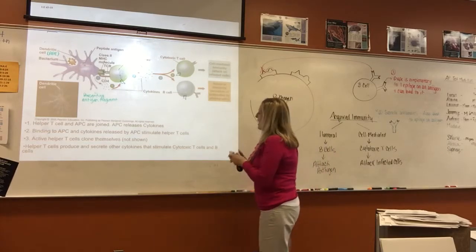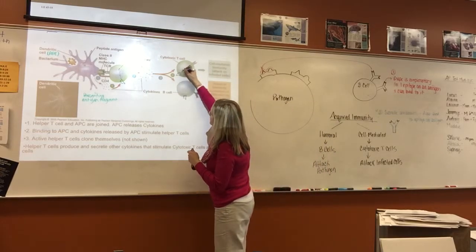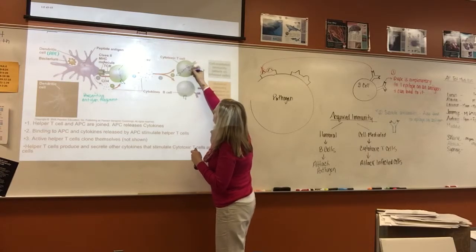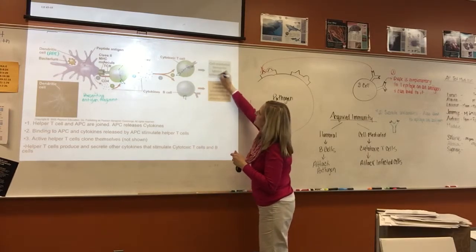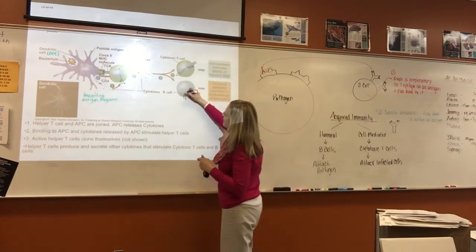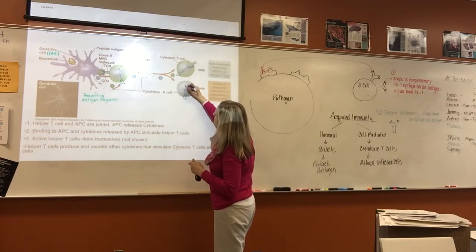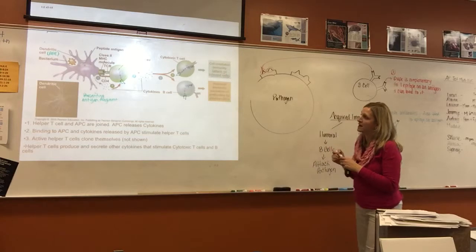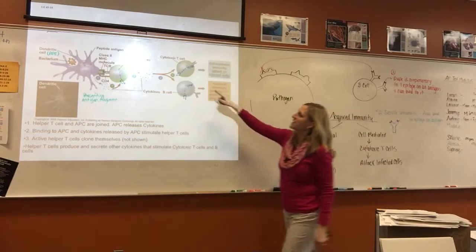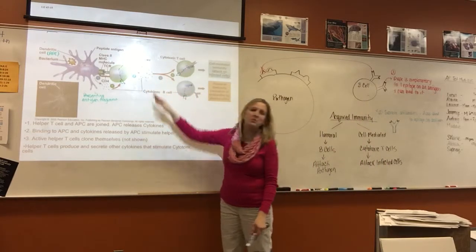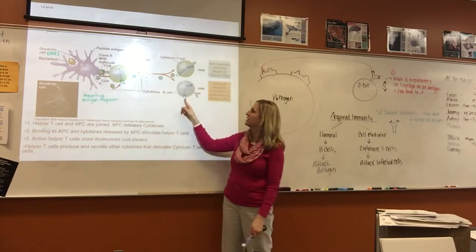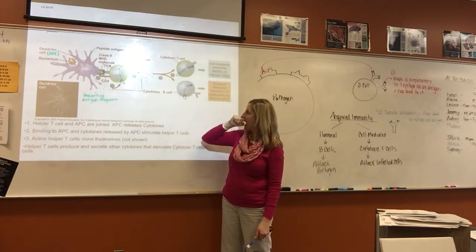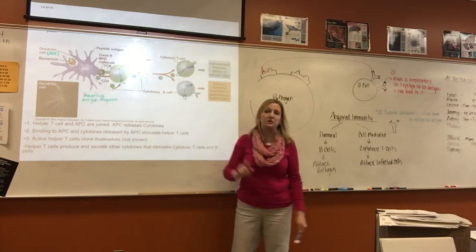That means that elicits two different signal transduction pathways. And here you get a response that's going to trigger them to kill infected cells. Here you get a response that's going to trigger these guys to divide and make plasma cells that will eventually secrete antibodies. Why is it that these two cells are both being communicated by the same signal molecule, the cytokine, but yet we have two different responses?